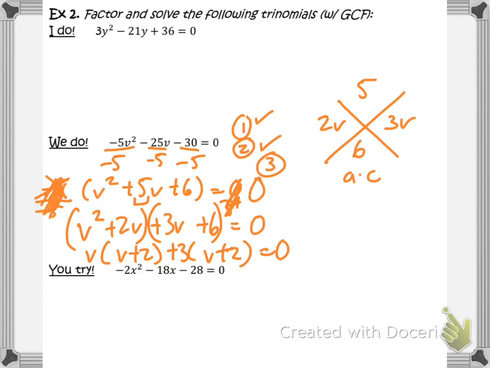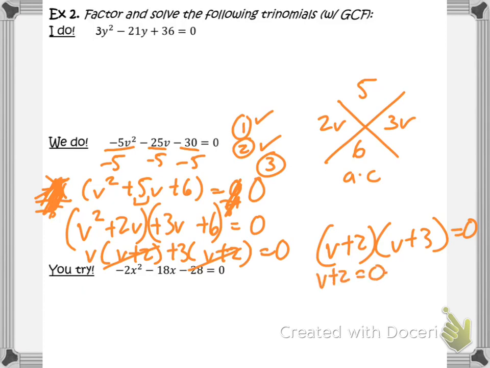This is going to go ahead and factor out the common binomial. I have v plus 2, taking out the v plus 2, and I'm left with a v plus 3 equal to 0. Set both of them equal to 0, and then go ahead and solve both. V is equal to -2 as this cancels out. V is equal to -3 as this cancels out.